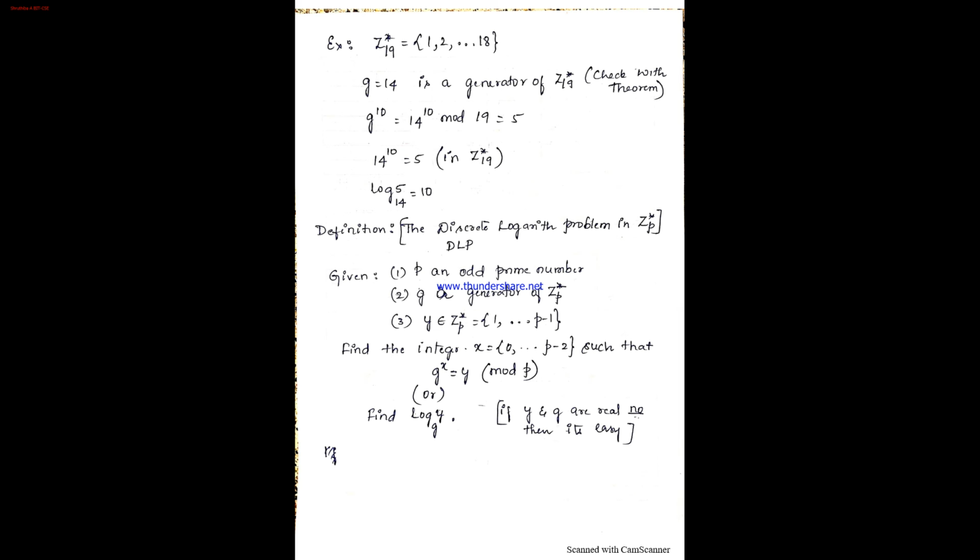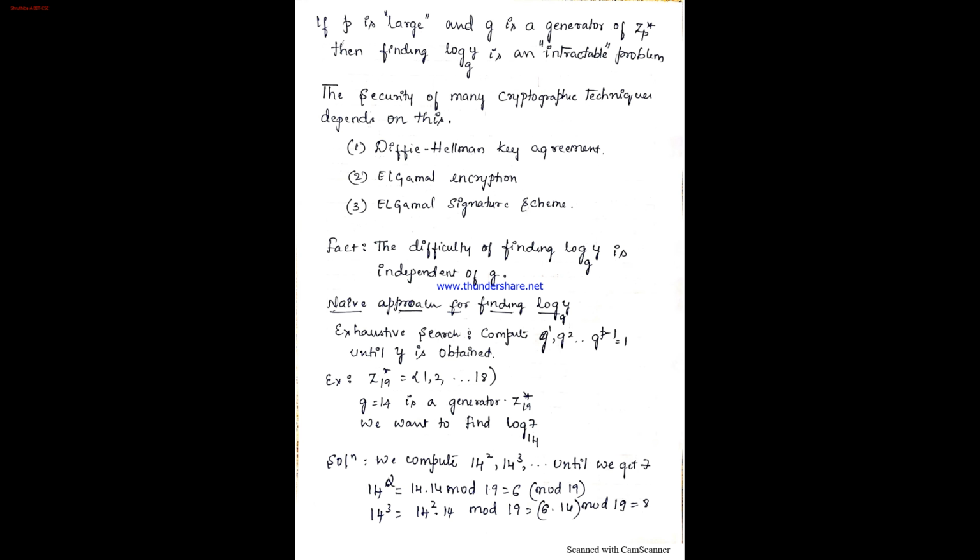One thing we have to understand here is the difficulty in computing this x. We take this difficulty as an advantage for cryptographic algorithms. If p is large and g is a generator of Zp star, then finding log y to base g, that is the exponent x in g raised to x, is an intractable problem.